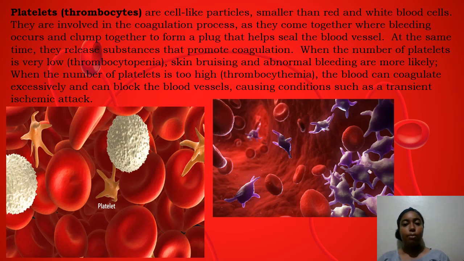When the number of platelets is very low, thrombocytopenia, skin bruising and abnormal bleeding are more likely. When the number of platelets is too high, the blood can coagulate excessively and can block the blood vessel, causing conditions such as transient ischemic attack.